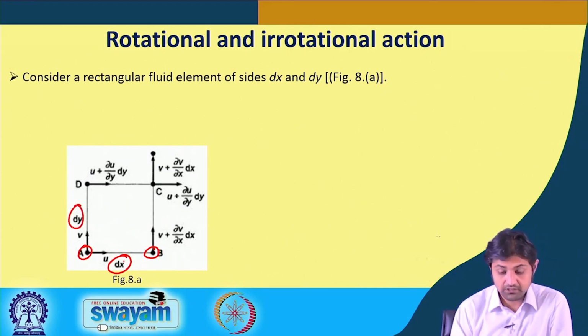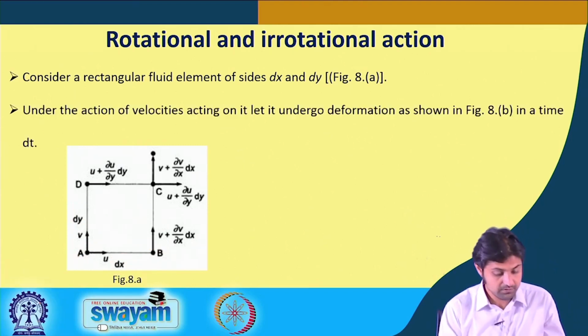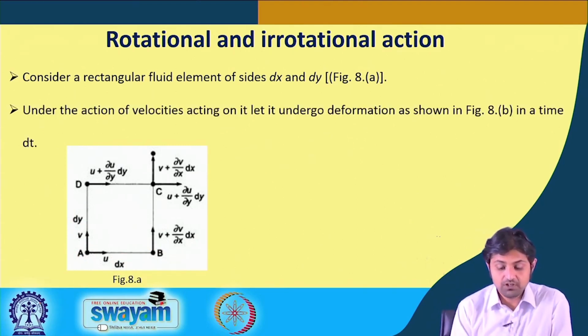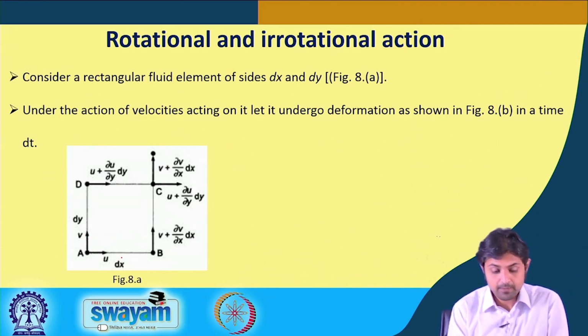This is a fluid particle. Under the action of velocities, for example, at A the velocity is u in the x direction and v in the y direction. So, on the side dx it is u and on the side dy it is v.